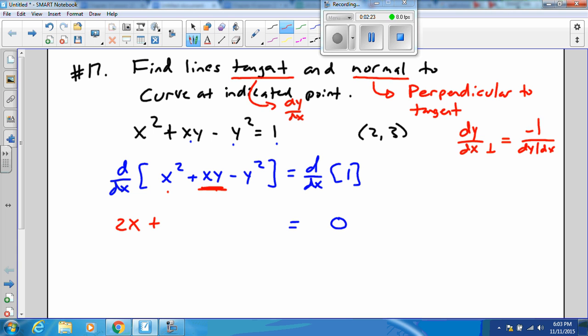Here, this is the first issue that I wanted to point out very clearly. We have the product of x times y. So we need to remember to use the product rule. We're going to have first times the derivative of the second plus the second times the derivative of the first.